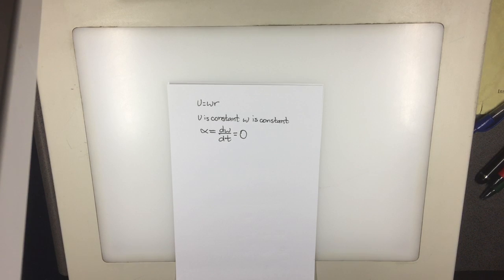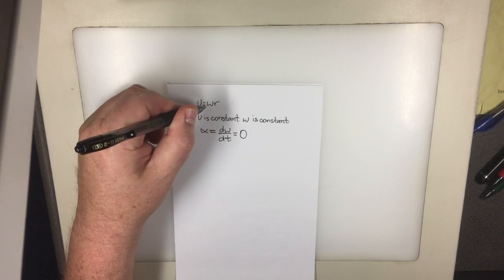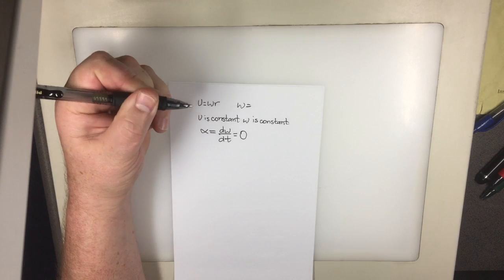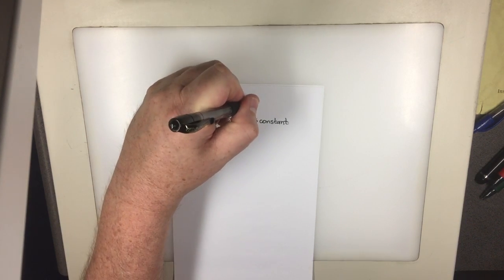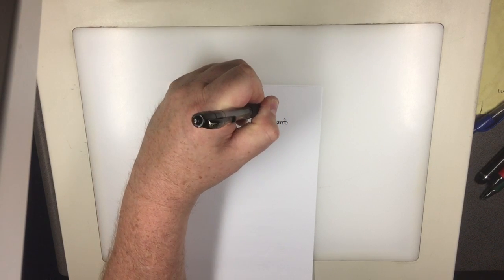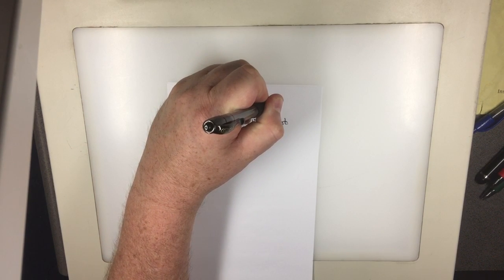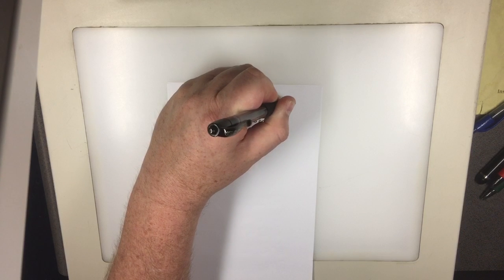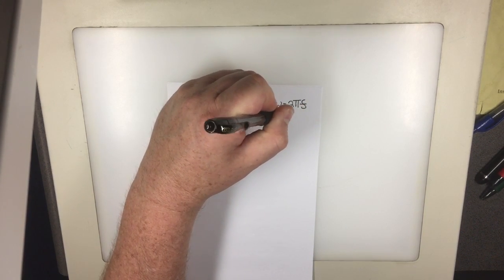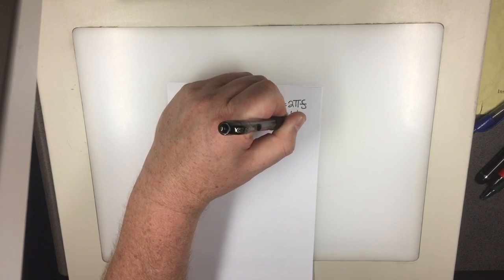Now that means V is omega R, so omega is V over R. Omega is 2 pi F, so F is omega over 2 pi.